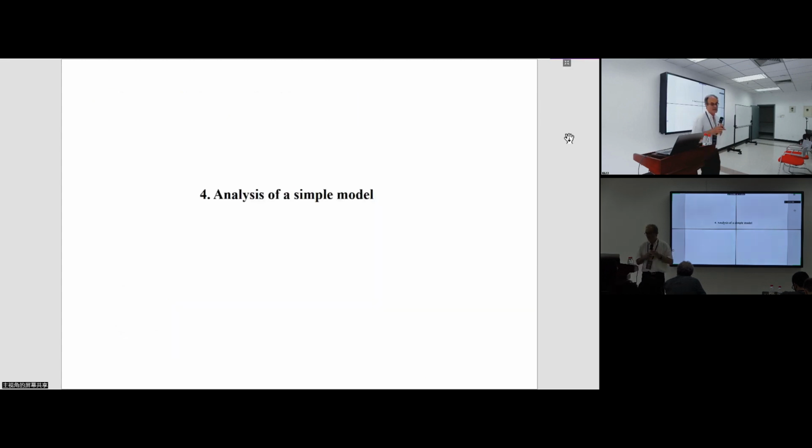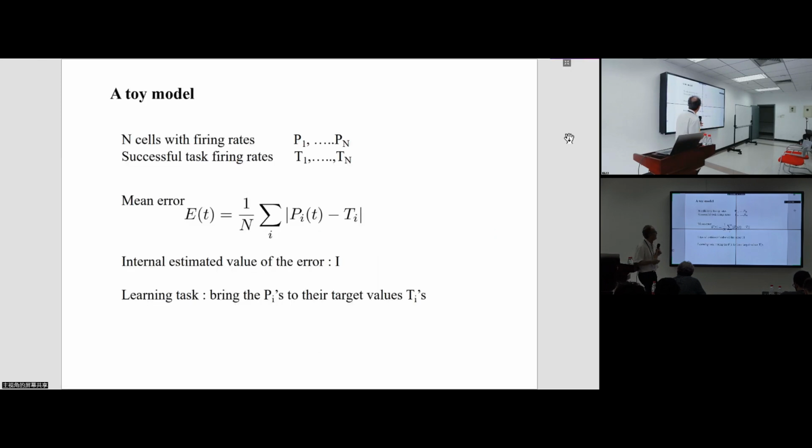Okay, so I gave you the anatomical substrate. Now I'll go to a fully stylized version. So what do I want to do in some sense? I have a collection of Purkinje cells. Each one wants to have a target firing rate.